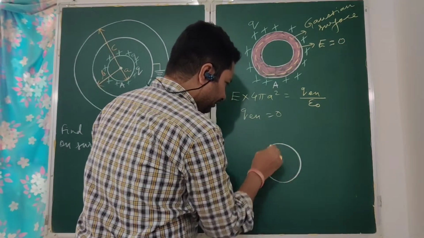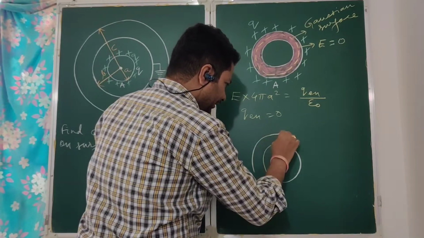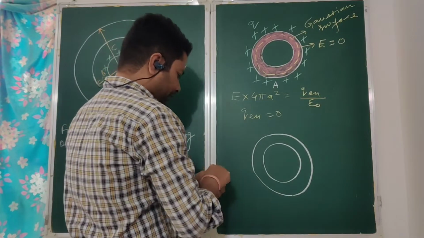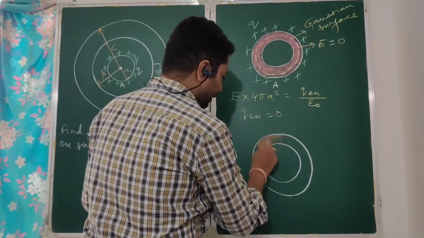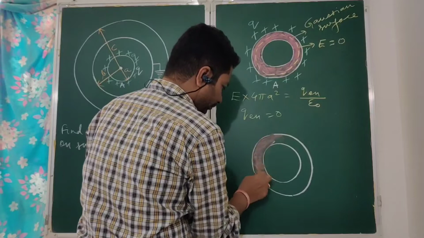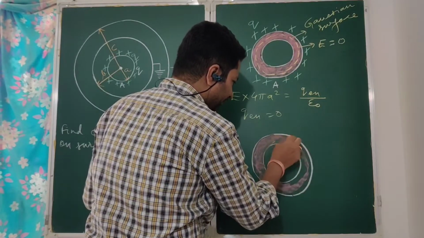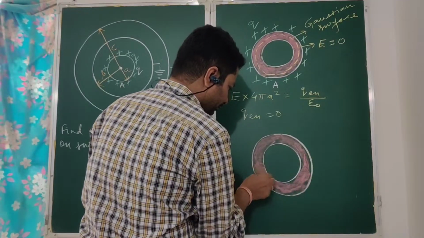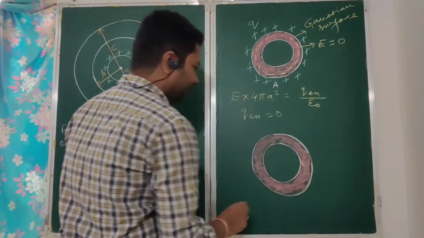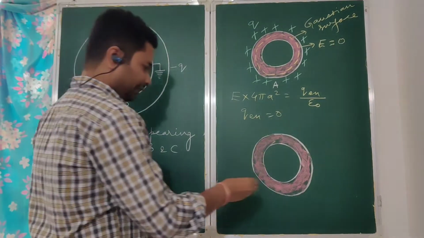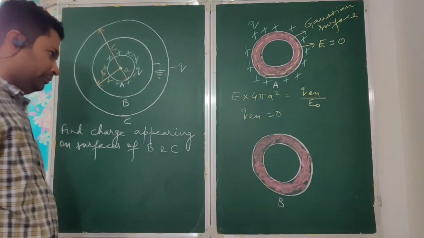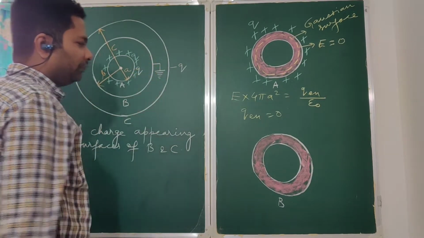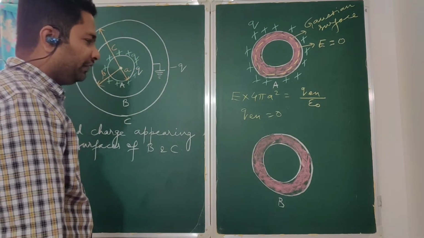Let us say this is the inner part and this is the outer part of sphere B. Again, you have some material which is making up this hollow sphere, and this is sphere B. We don't know how much charge is going to reside and where it is going to reside.